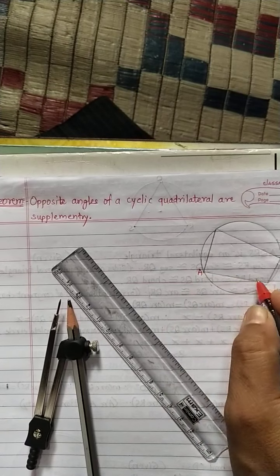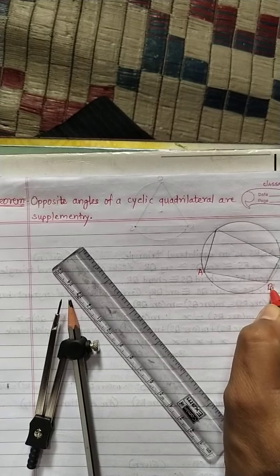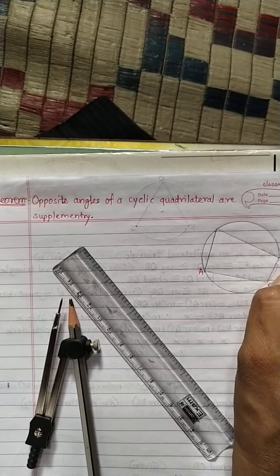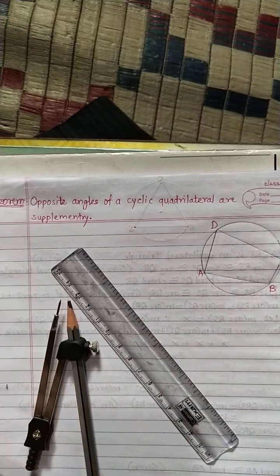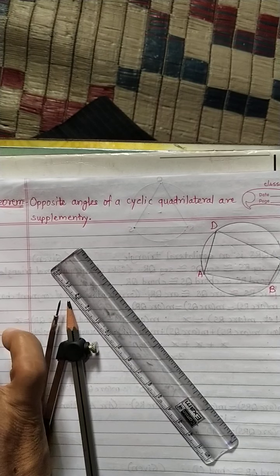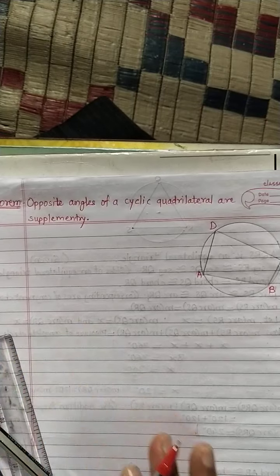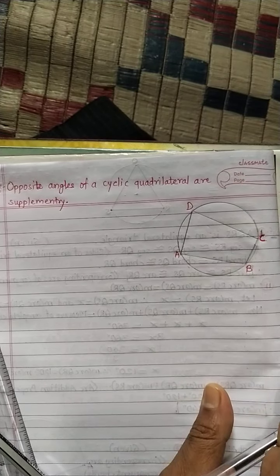A, B, C and D is a cyclic quadrilateral. Let us see in the figure.